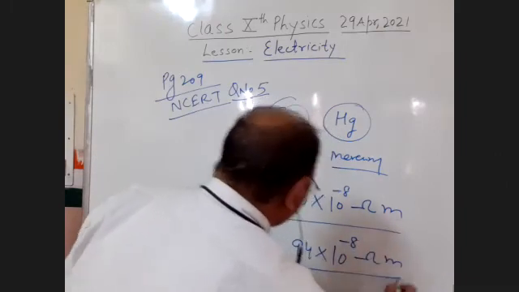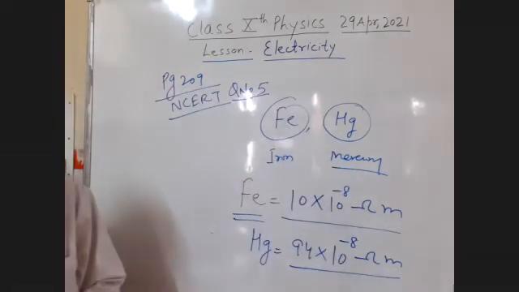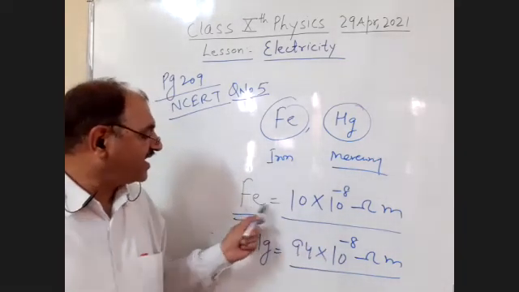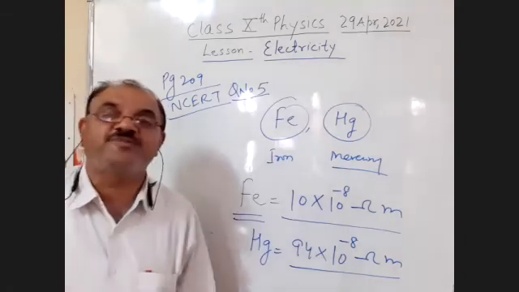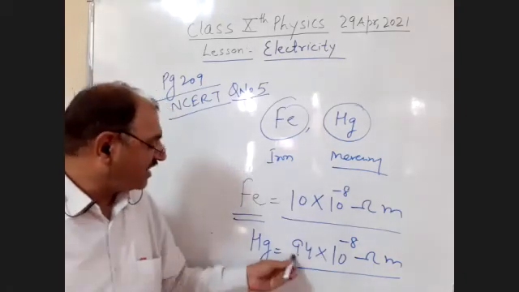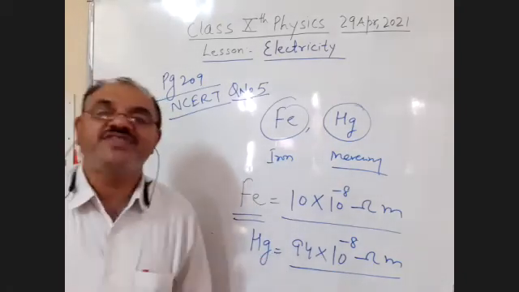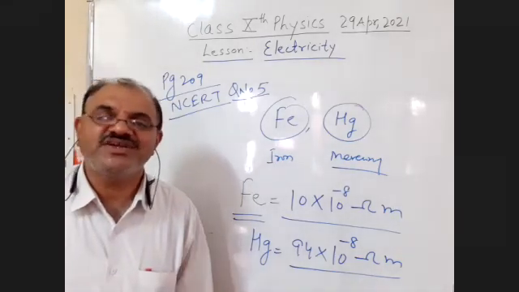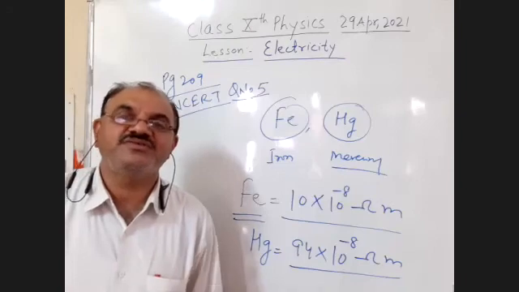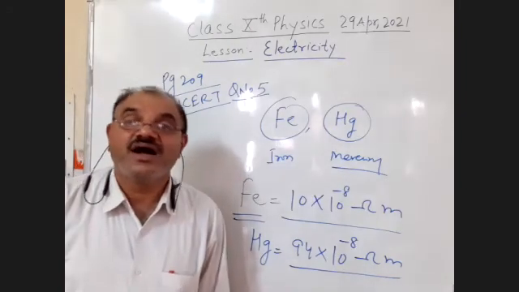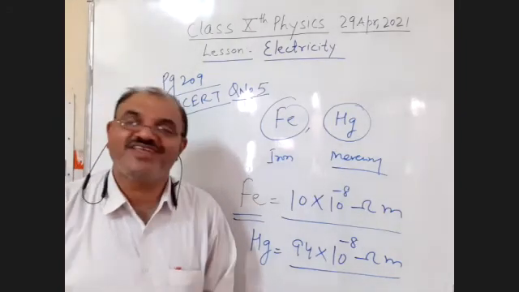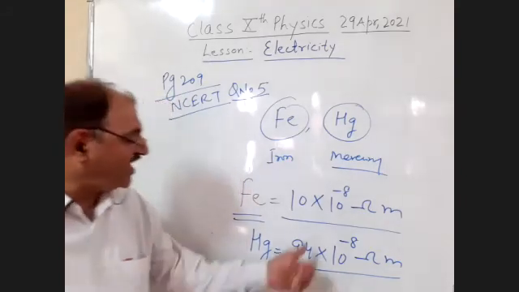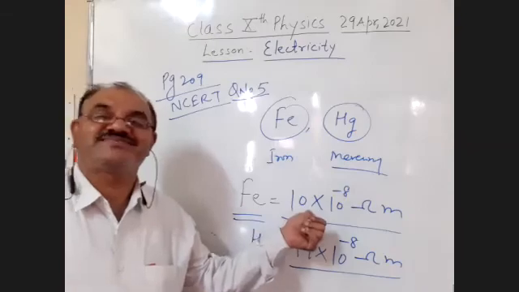What does it signify, students, seeing both the values: the resistivity of iron is 10 into 10 raised to power minus 8, and the resistivity of mercury is 94 into 10 raised to power minus 8. The major thing is that the value of the resistivity is less.